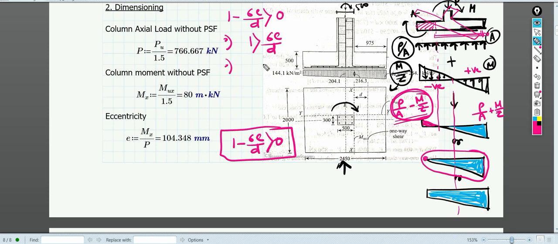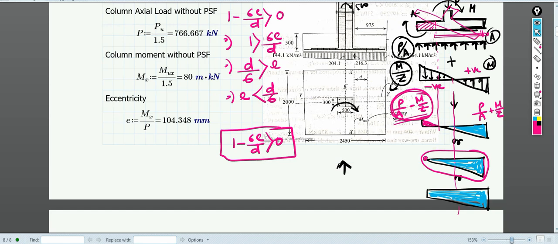Or you can write d by 6 greater than e. Yeah, so sorry, I should say that e should be less than d by 6.